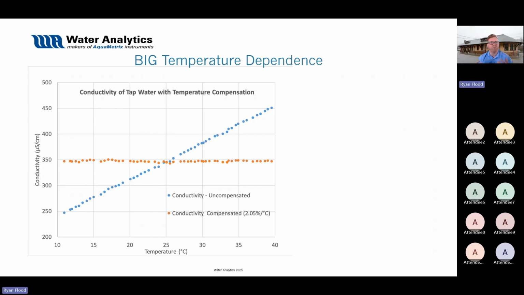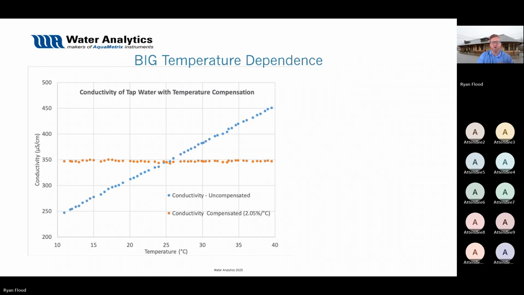Well, that means it's going to be a relatively stable reading at all temperatures. You can see here in this orange graph, you're going to be getting the same conductivity readings throughout that whole range of measurement. It's not going to be dependent on the temperature, but the raw reading coming out of it is looking more like that blue line, where you can actually see what the readings are outside of what the temperature is.